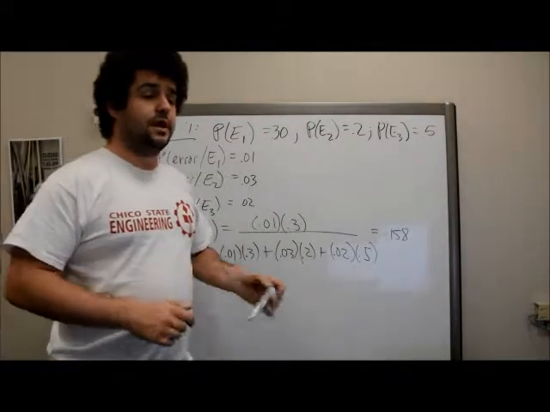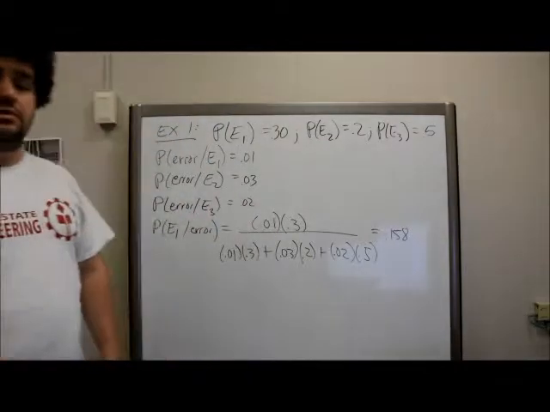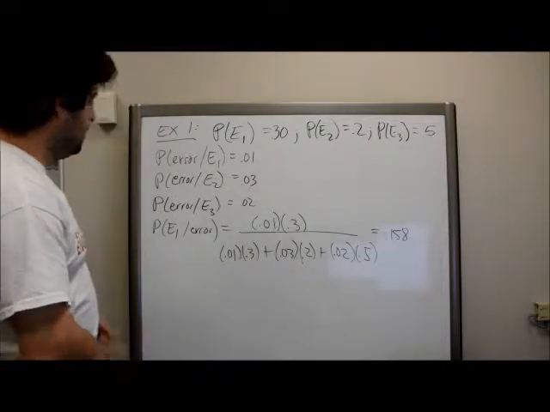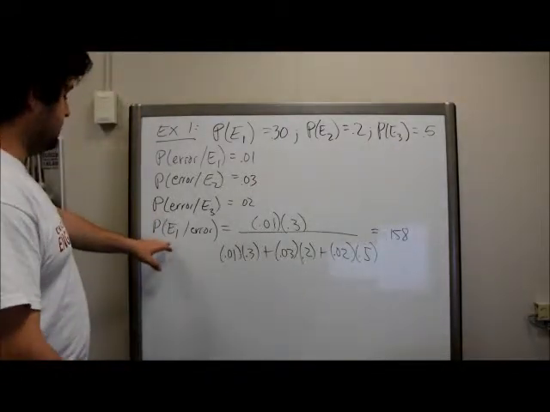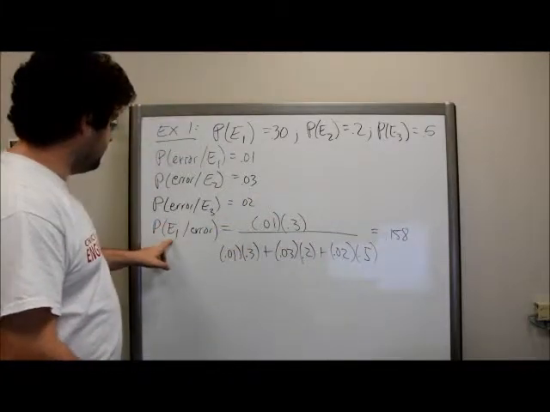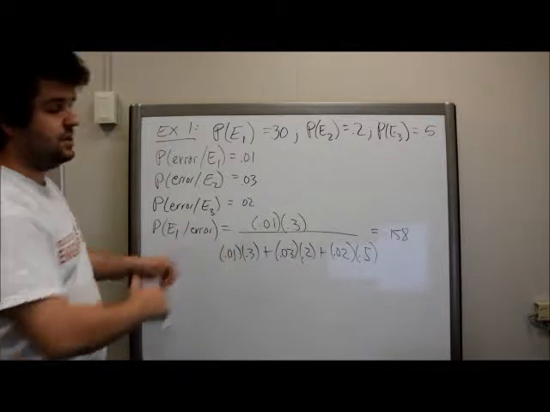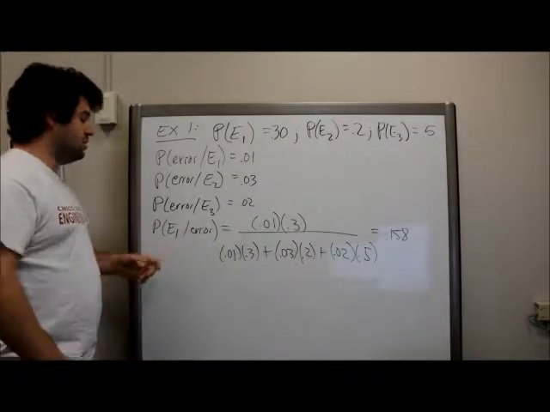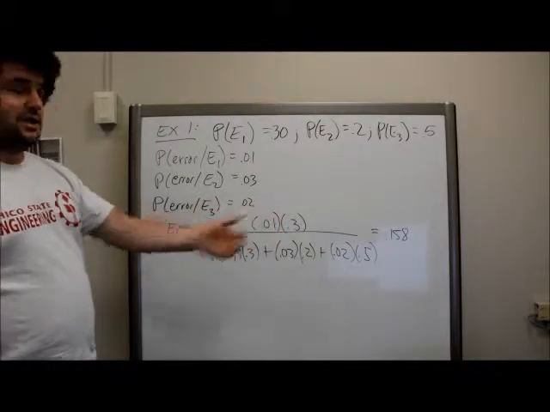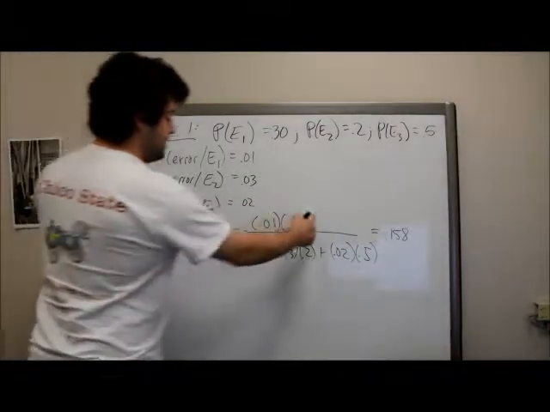So now part B asks us, which engineer is most likely to be responsible for making the serious error? So this tells us the probability that engineer 1 made the bid given that there was an error. All we need to do is do this for engineer 2 and engineer 3 and figure out which one has the highest probability. The only difference would be switching the top.